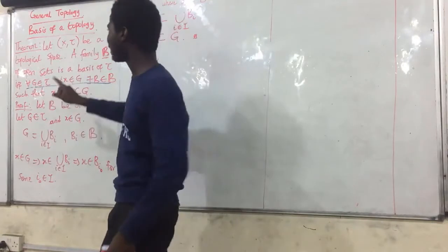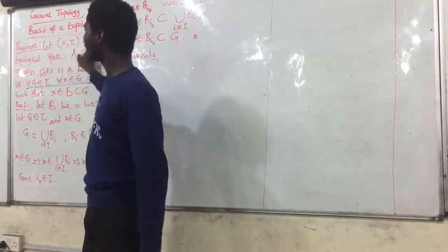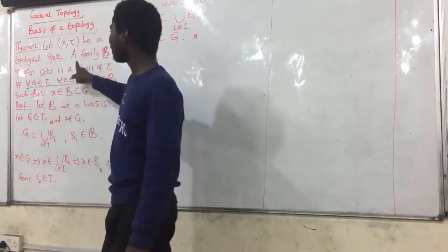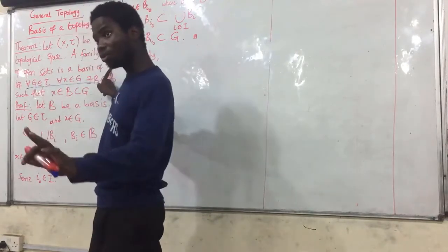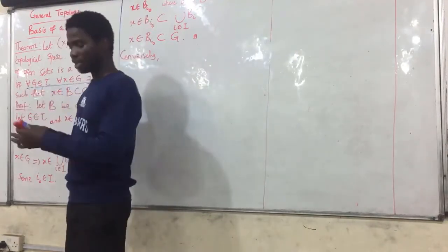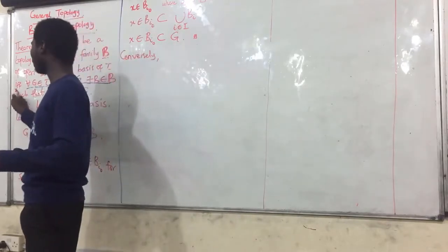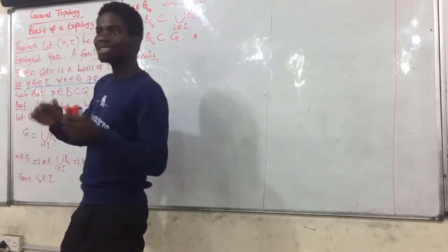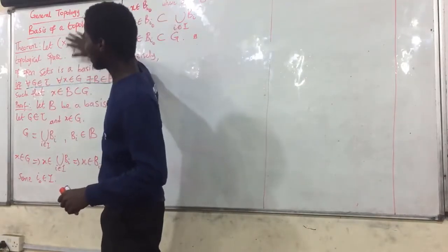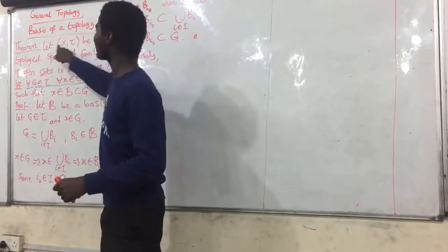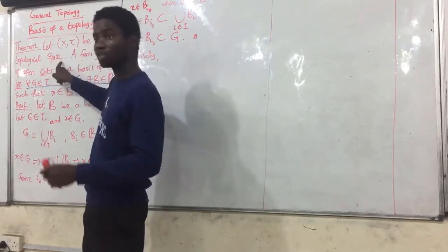Wait, let me tell you something. They say let S be a topological space, right? A family B of open sets is a basis of the topology if and only if. Whenever you have if and only if, it divides the statement into two. This one is like the first part. All this one is general, no matter the topological space.